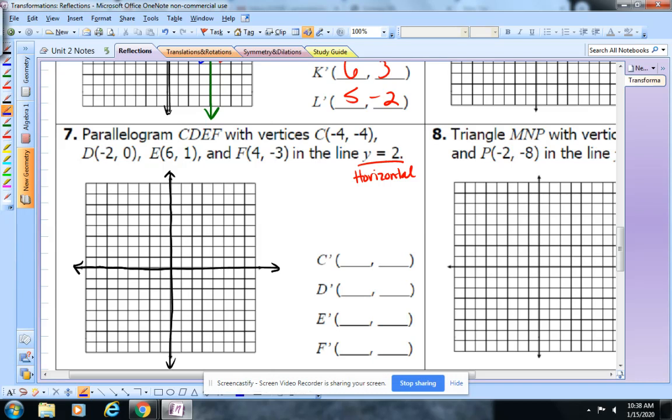All right, let me graph the original parallelogram. So y'all look up sporadically and make sure I'm doing it correctly, because apparently I'm crazy. 2, 3, and then 6, 1.